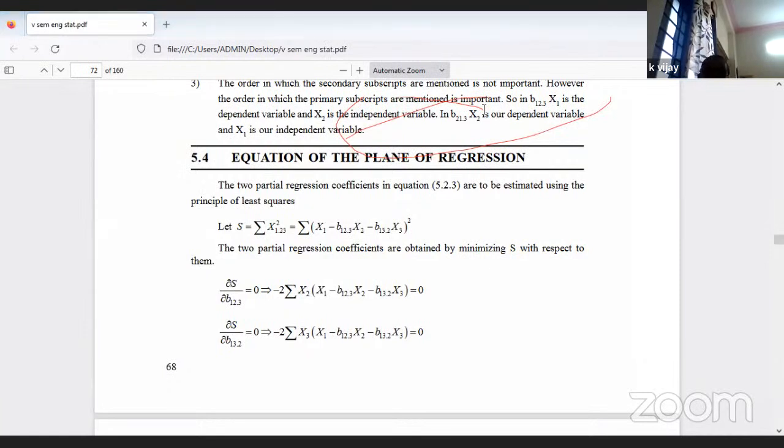Anyone tell me? How did the minus 2 come? Anyone please?